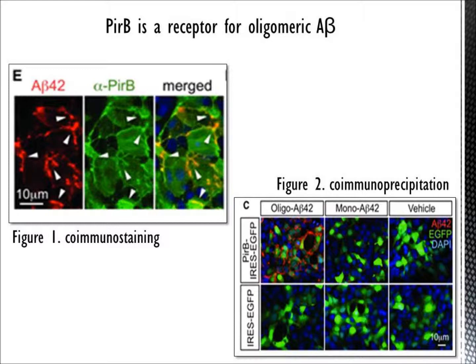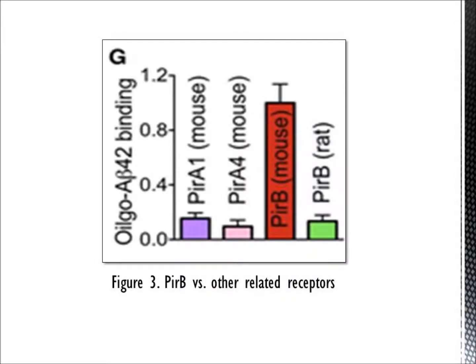Remember from earlier that A-beta tends to bunch up and then bind strongly to the receptor? Well, the fact that A-beta has a strong affinity only when it's an oligomer confirms that A-beta acts through the PIRB receptor. Similar experiments were conducted to compare oligomeric A-beta's affinity to PIRB with its related receptors, PIRA1, PIRA4, and isoform PIRB.